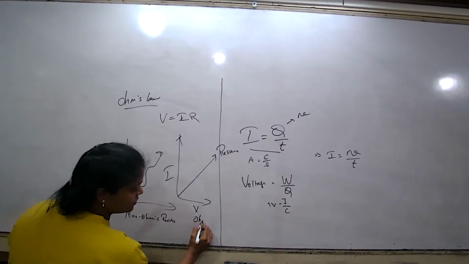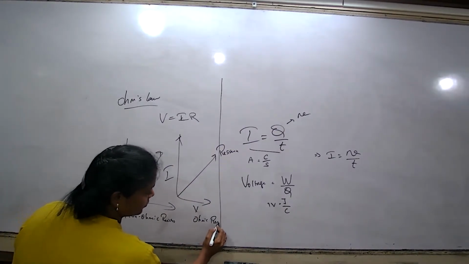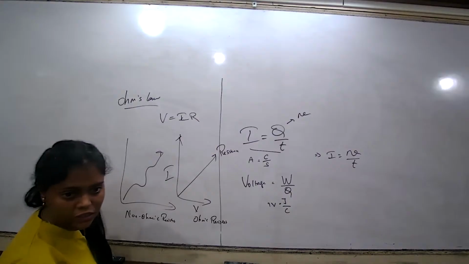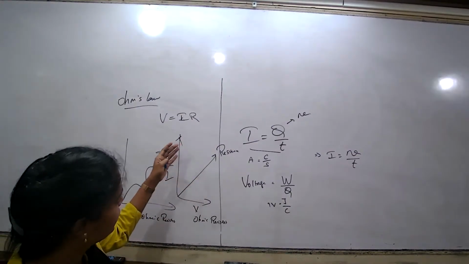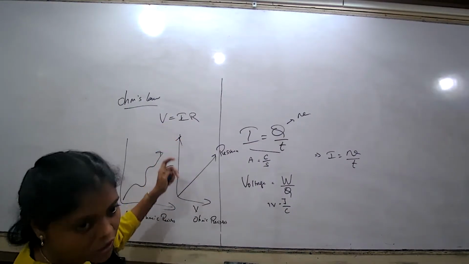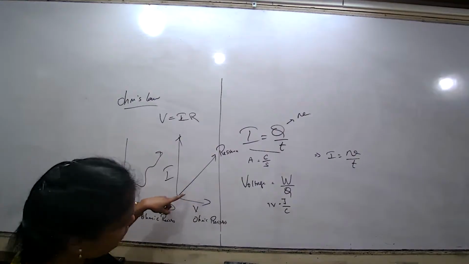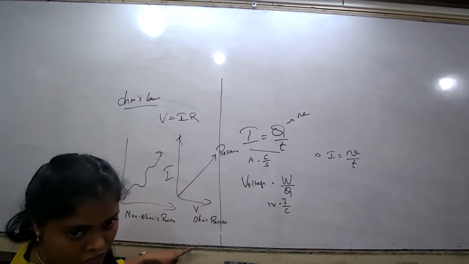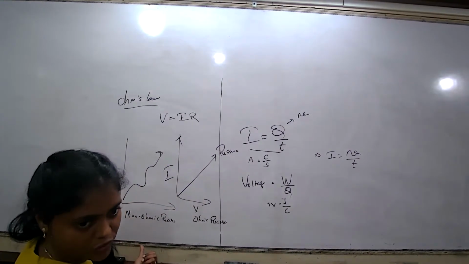This is an ohmic resistor. Understand? When you draw the graph with the values of voltage and current, if it is linear, it is an ohmic resistor. Non-linear, it is a non-ohmic resistor.